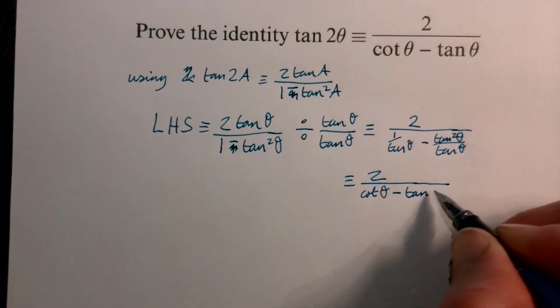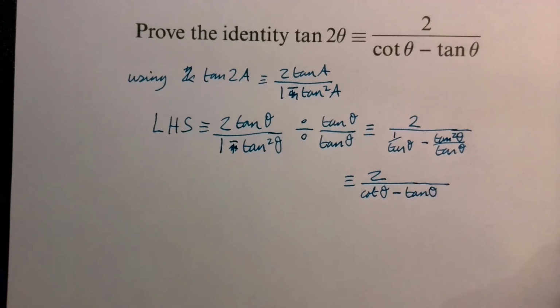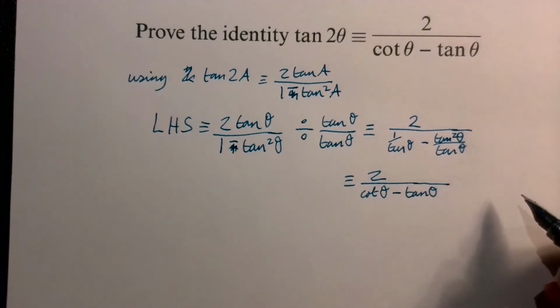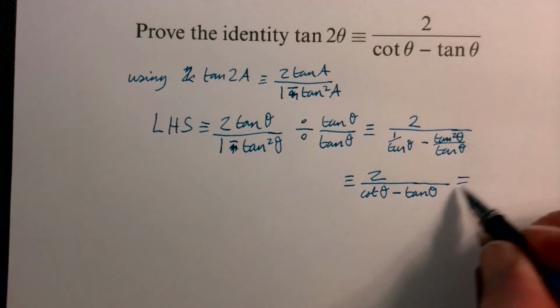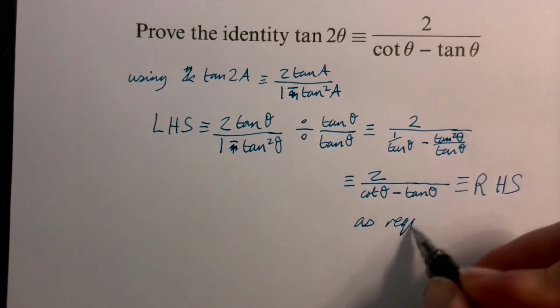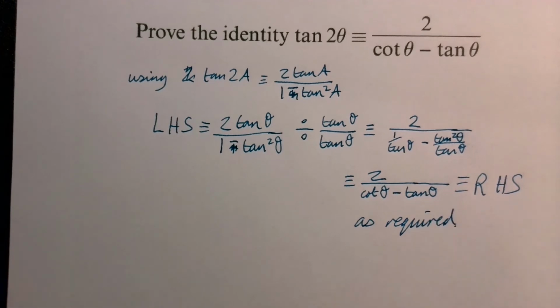Just gets us back to that root, doesn't it? Gives us that. And in fact, you could go straight from there to there. You wouldn't have to write that if you didn't want to. And that is identical to the right hand side as required.